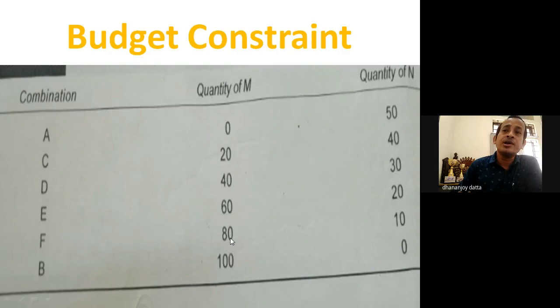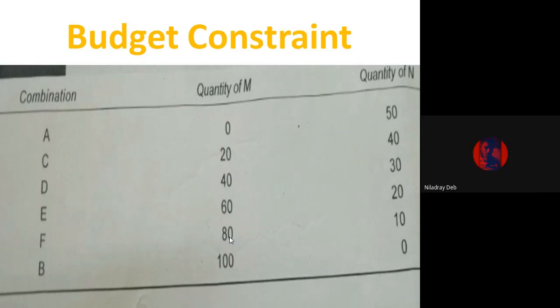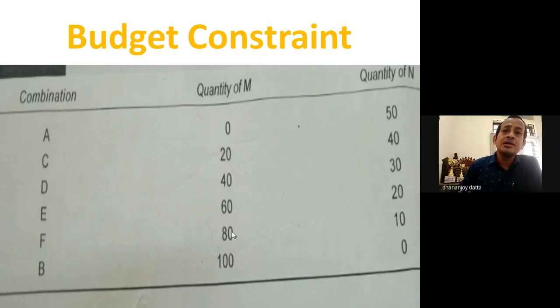If we calculate, 80 into 10, 800. Then 10 into 20 is 200. So 200 and 800, 1000.